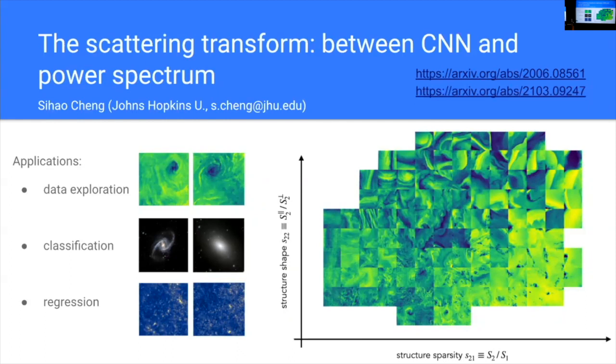And this representation can be used in all different applications, including data exploration when you don't have a model, classification when you have a discrete model, or parameter regression when you have a parameterized continuous model.